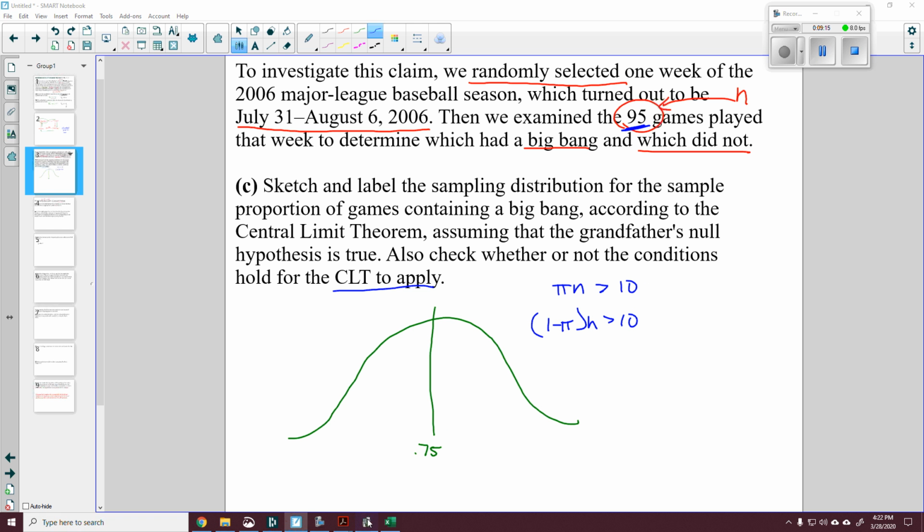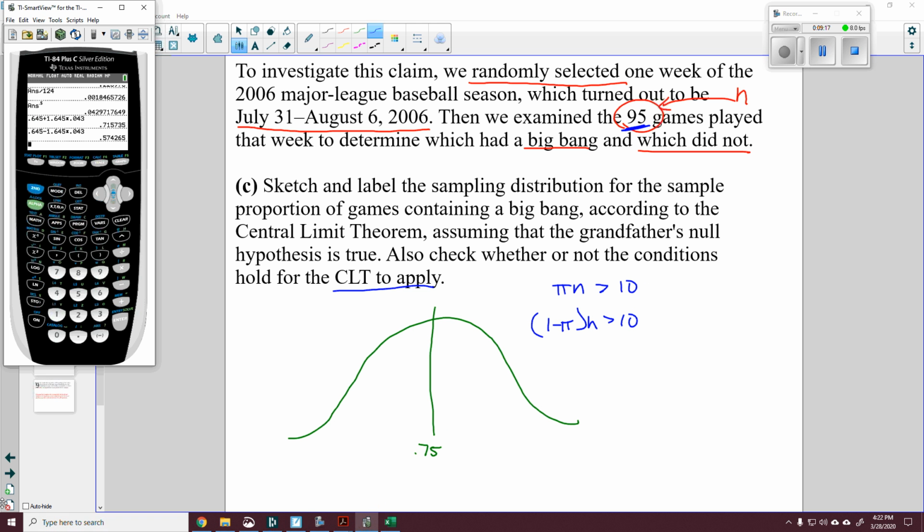So I think I can call my little calculator right here. And let's clear this stuff out. And pi is 0.75. And I'm going to multiply that times my n, which is 95. And I find out, well, that's 71.25. So that is definitely greater than 10.